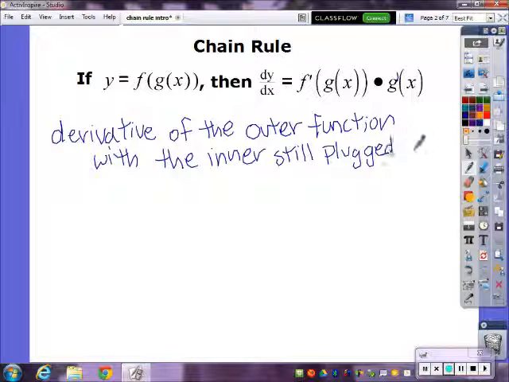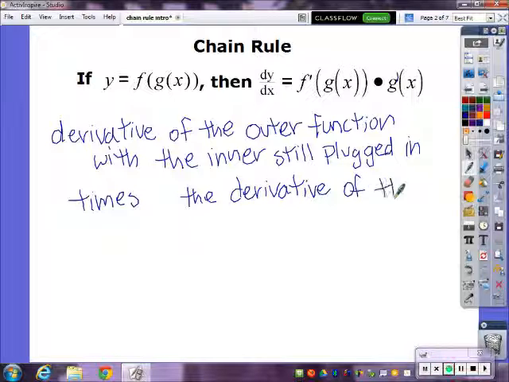The other way to think of that is, I always say derivative of the outer, leave the inner alone, and then multiplied by the derivative of the inner function.